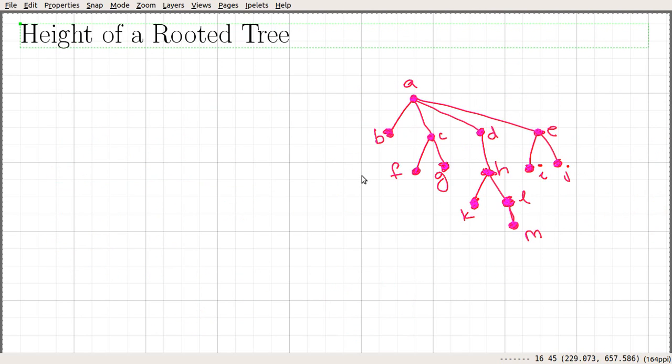Once we define the level, we can define what is called the height of a rooted tree. Let me give the definition of the height.